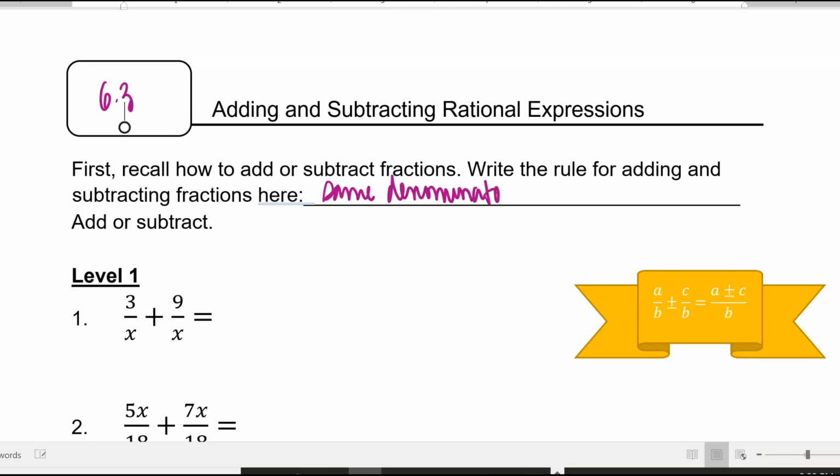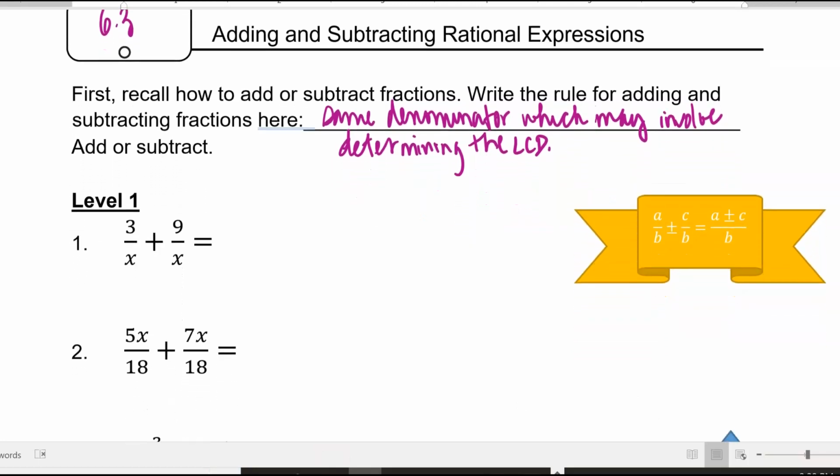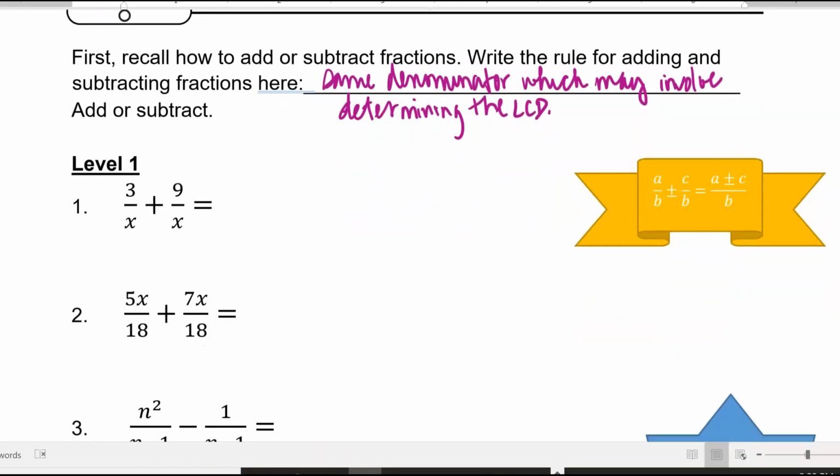So that involves finding the LCD. All right, so let's get started with the first problem, and I call this level 1 because notice that in number 1, the denominators are already alike.